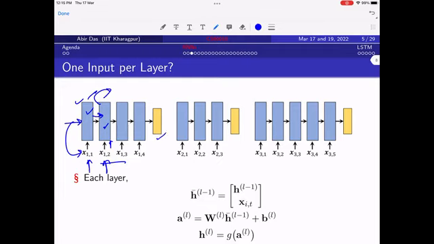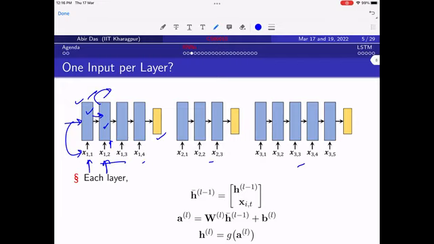So for a 4-length sequence, it has 4 layers. For a 3-length sequence, it is 3 layers. For 5-length, it is 5 layers. Now, what happens in each layer is mathematically very similar to the normal neural networks we have earlier seen.